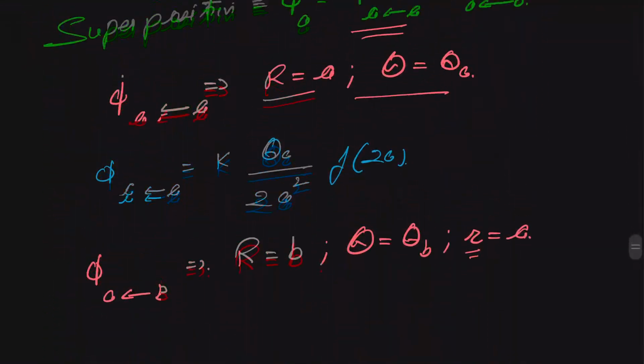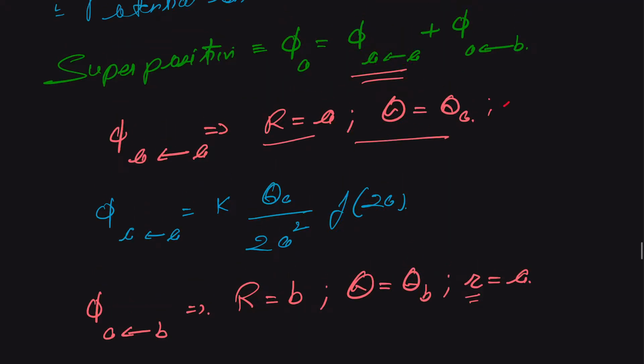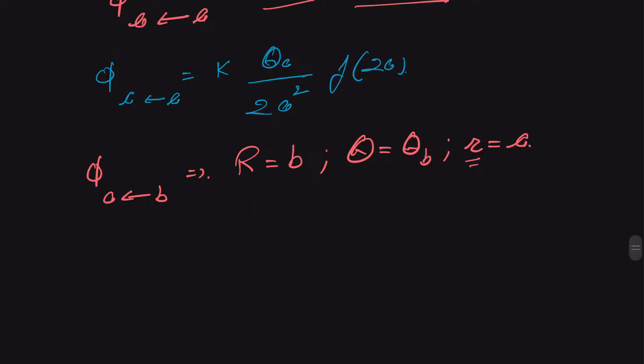So in the part A, here I forgot to mention that our small r is equal to A, because the radius of the shell is itself A, and the point where we are going to find out our potential is also equal to A. Whereas in part B, the radius of the shell is B, and the point where we are going to find out the potential is our small a, that is our inside.